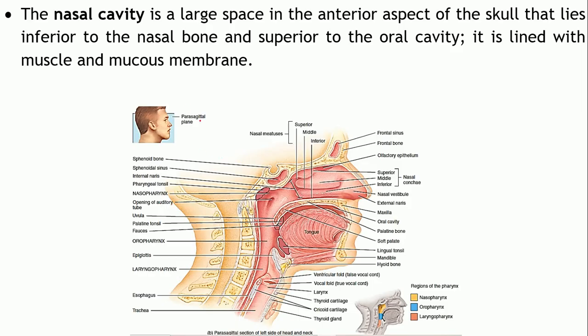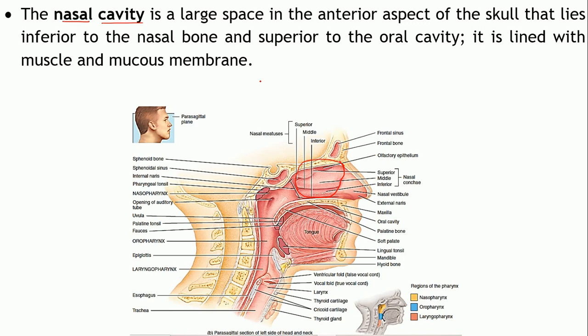Now coming to the internal structures of the nose. Okay, now there is a nasal cavity which is present within the skull. So there is a large space in the anterior aspects of the skull, and that is known as the nasal cavity.